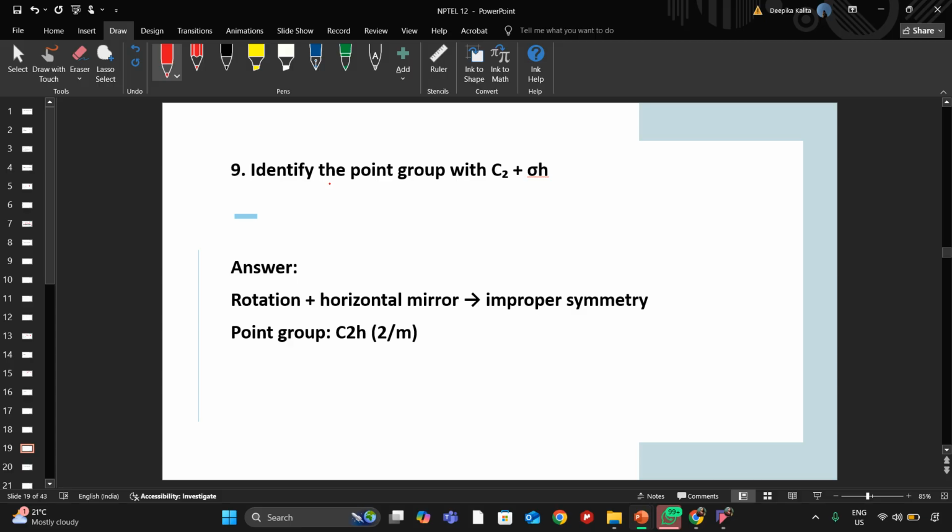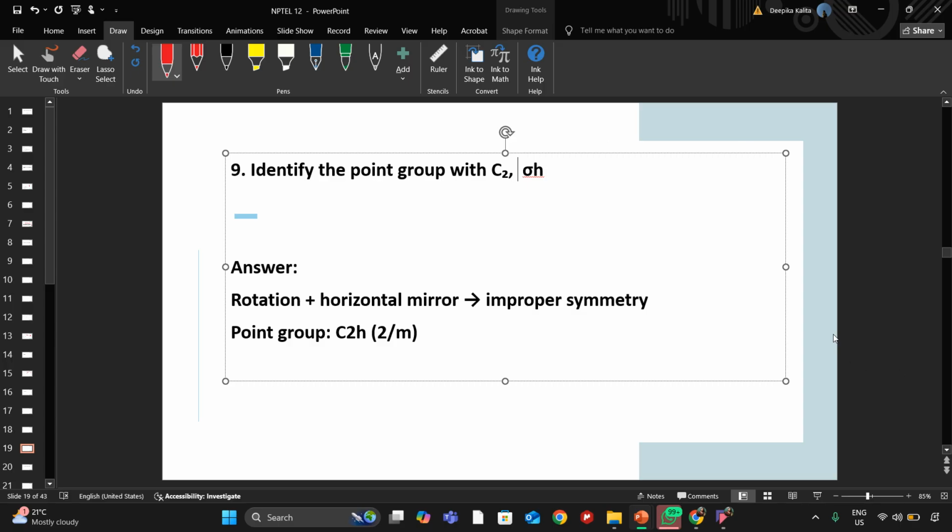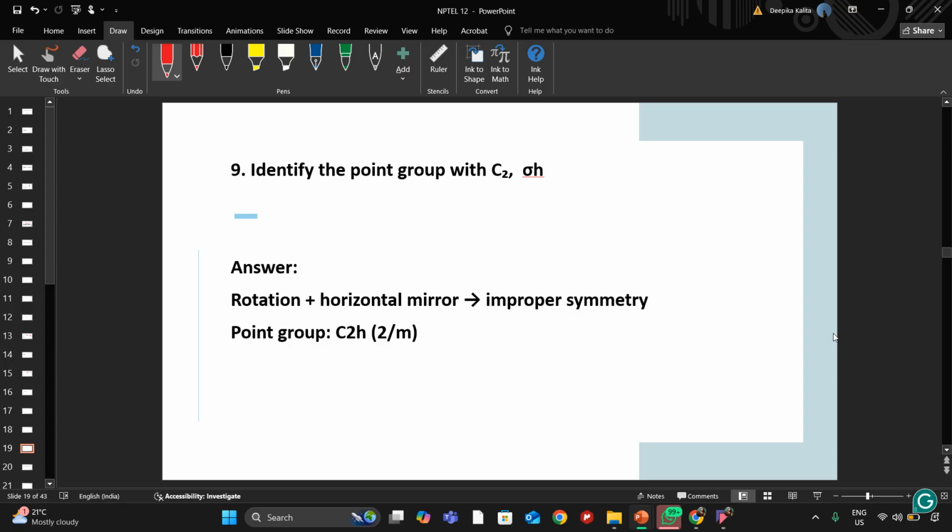So here, although it is written as combination, interpret as C2 and sigma h independently. Okay.